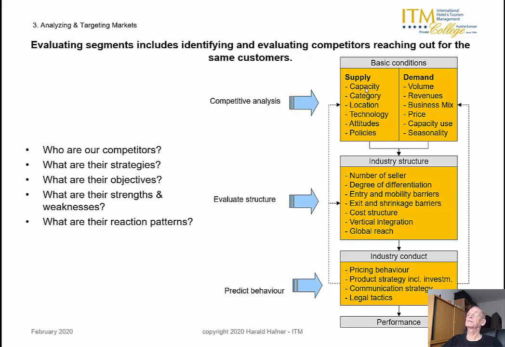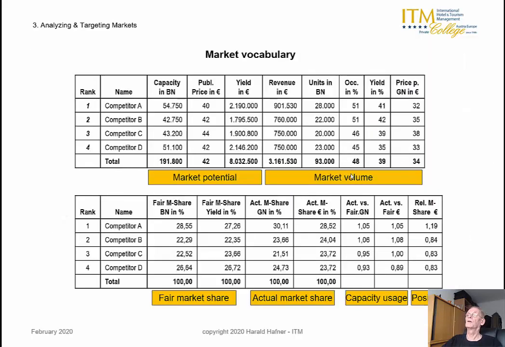We looked at capacity, we can look at category like quality, 1 star to 5 star, we can look at location, we can look at different technologies, non-service hotel, full service hotel, and thereby describe it. The demand is defined as far as the market shares in the market volume figures are outlined.